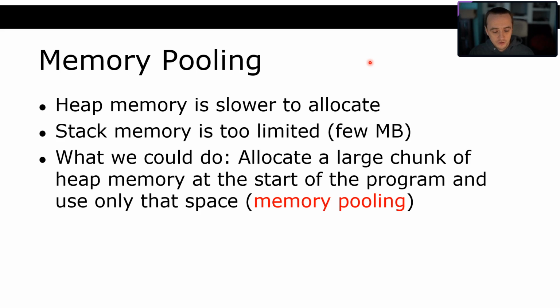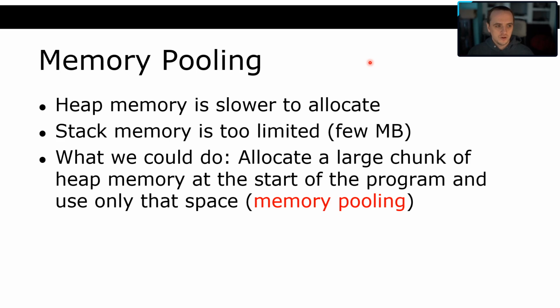So what we could do is allocate a large chunk of heap memory at the start of our program, and then we'll use only that space for the memory for the lifetime of the program, okay? Now, allocating and deallocating heap memory is slow, but accessing the memory is no different than accessing the stack memory, okay? Now, within the context of cache hits and cache misses, which we'll talk about.